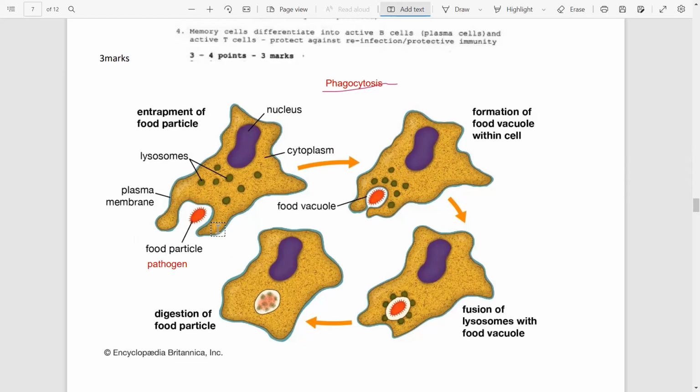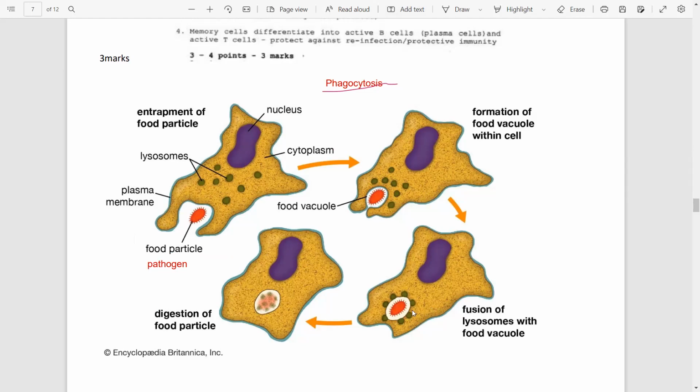The phagocyte has to recognize it as being foreign, and then it makes the pseudopodia, false feet, to surround the pathogen and engulf it. It makes a vacuole and completely surrounds the pathogen. Then there are lysosomes, which are filled with digestive enzymes, in the membrane of the phagocyte.